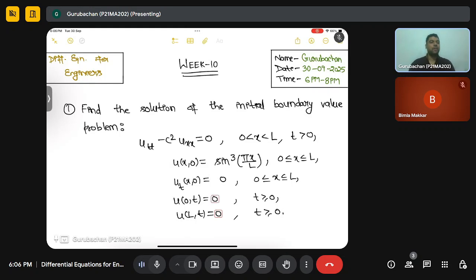So this is our given wave equation that we want to solve under these conditions.